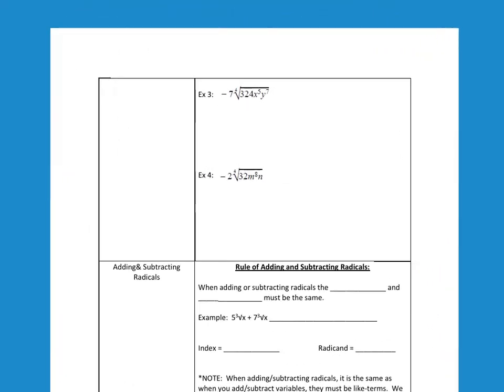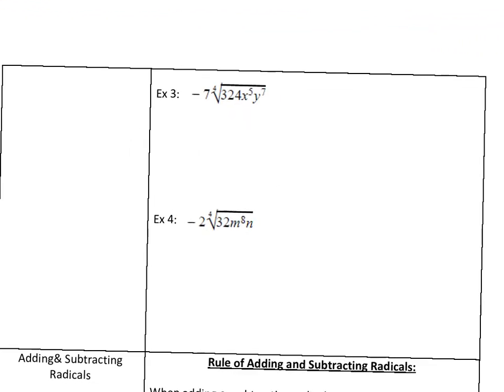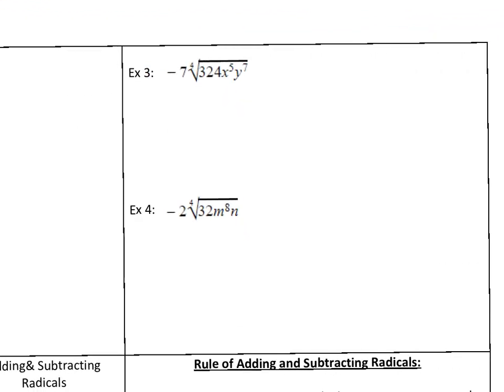A couple more examples. These ones are a little more challenging, but we know how to do them. That -7 is being what? Multiplied, right? So I can just go ahead and write it in my answer. What should I do next?